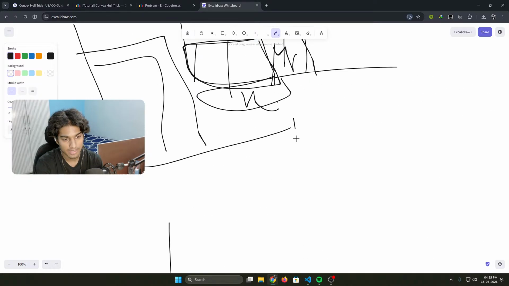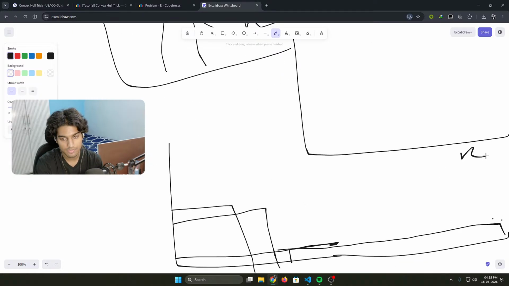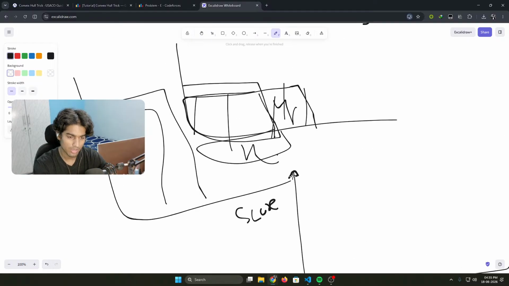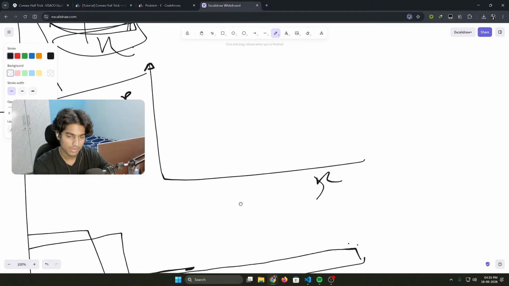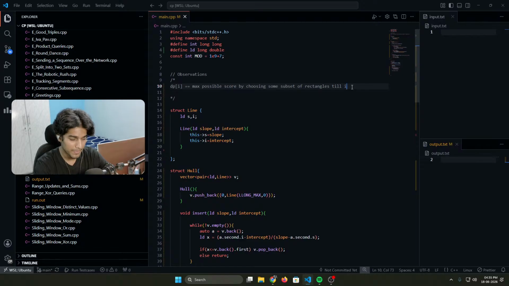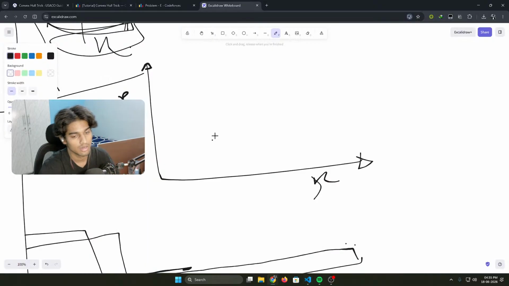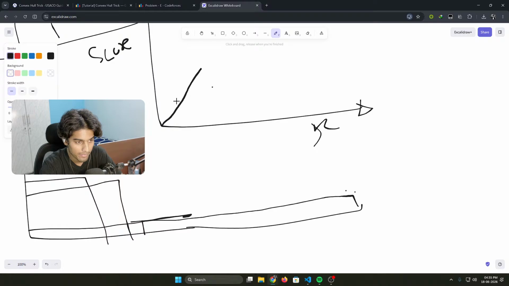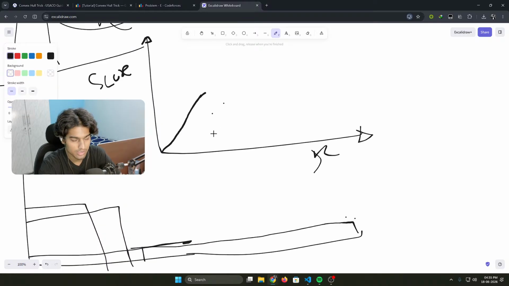Let's create a graph with X. Okay, so this is X. This is my score. Let's not think about A because A is constant, because we can separate A, right? Only thing we care about is the area. So initially area will increase. Is there any way that it will decrease?